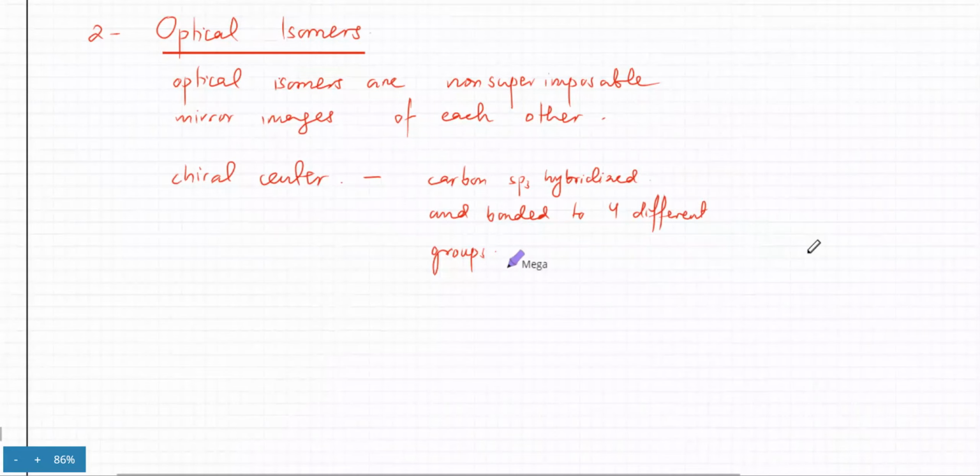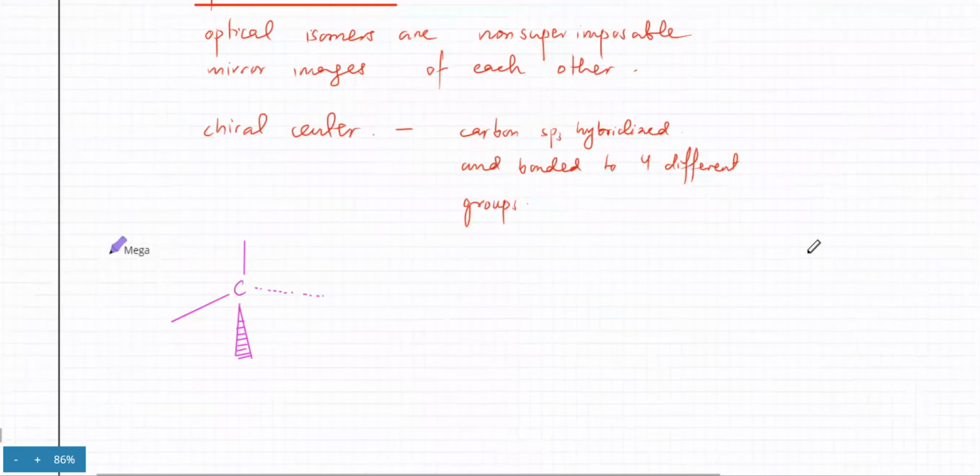So I'm going to draw a chiral center. I'm going to show you how optical isomerism happens. There's going to be a carbon atom. It's going to be tetrahedral. Why? Because it's sp3 hybridized. It's bonded to four different groups, making four single bonds. So that's like your pyramid with one bond on top.